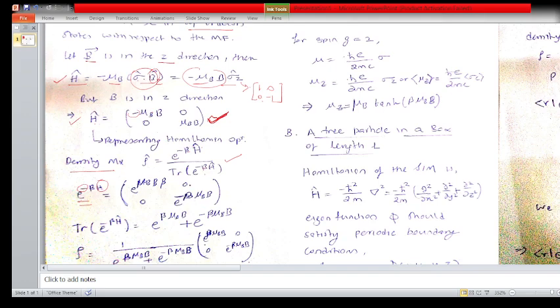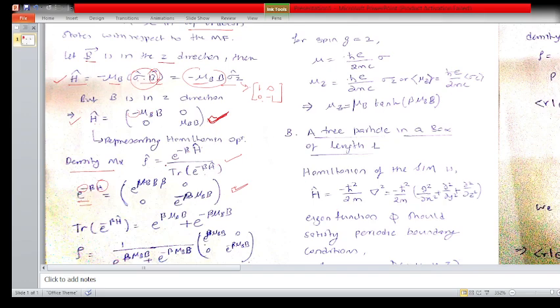So the second term becomes negative when you consider the e raised to minus beta h operator, or the matrix. So this matrix corresponds to e raised to minus beta h, and what you have to take is the trace of that particular matrix.